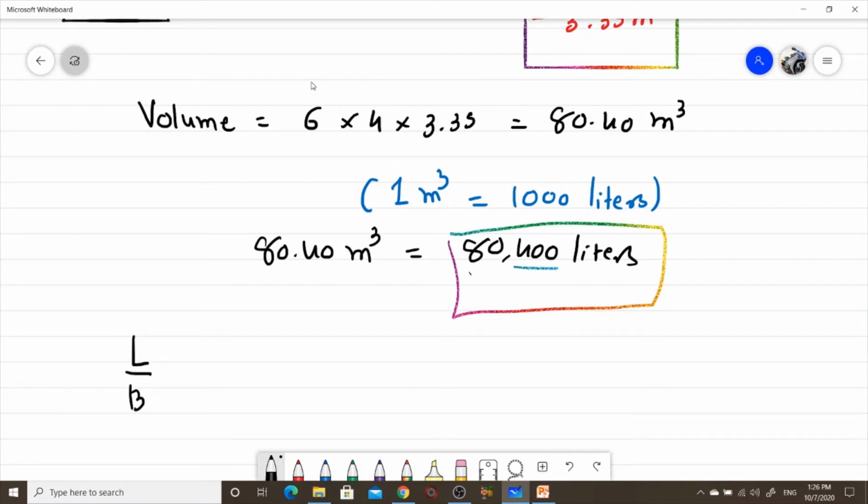Now find out the length by width ratio. So 6 by 4 is equal to 1.5, which is less than 2.